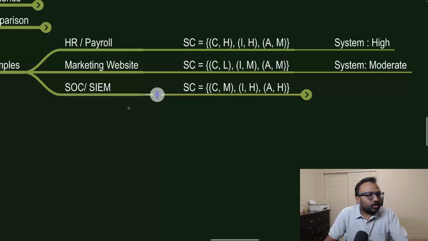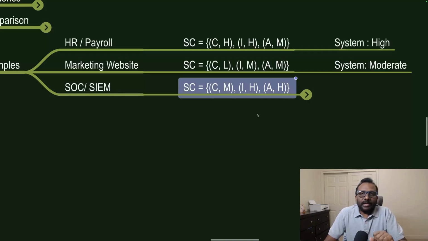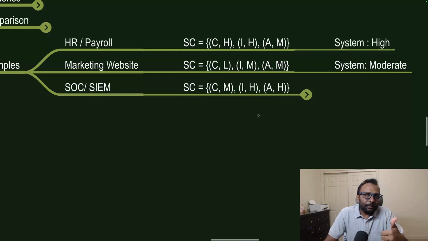What about a SOC or a SIEM system, security incident and event management? When you are talking about security categories, confidentiality is moderate because the data is seen by the security people or SOC analysts. Though the logs should not go outside, still the confidentiality is moderate to high. Integrity is very high because if the data or the log is tampered with, then the assessment will go wrong, right?